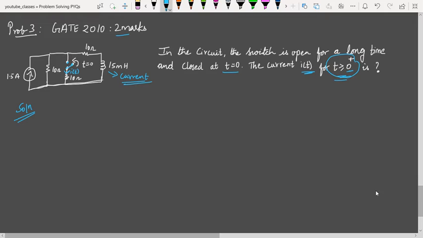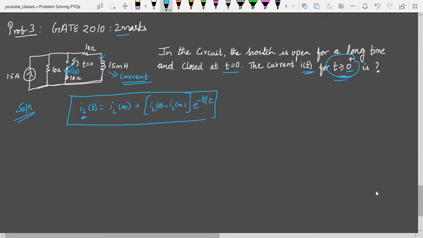The generalized transient current equation of inductor is IL of t equal to IL of infinity plus IL of 0 minus IL of infinity, into e power minus t by tau. But here we need to be a little bit cautious. IL is the current flowing through the inductor, but we need to find I of t, the current flowing through the resistor.